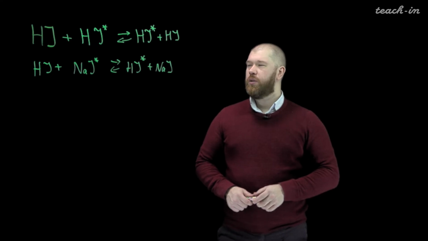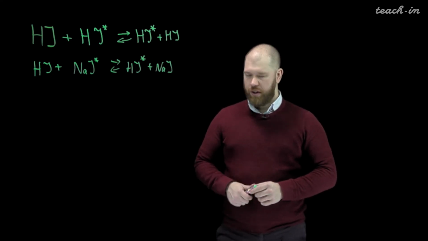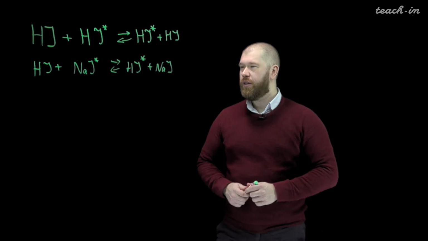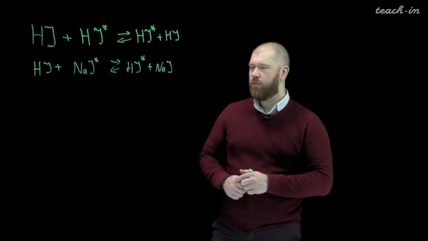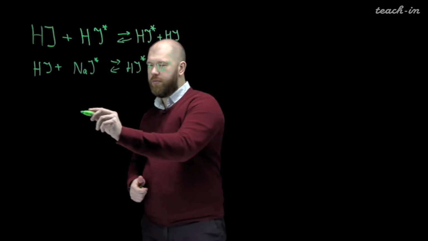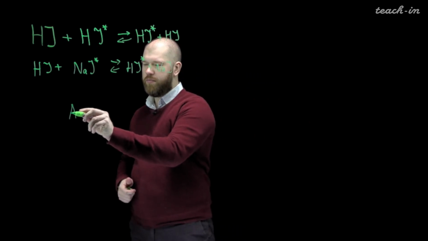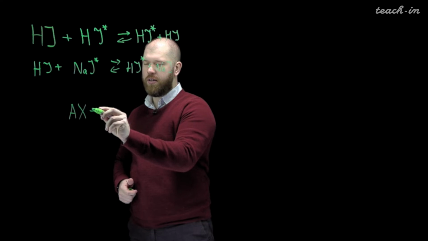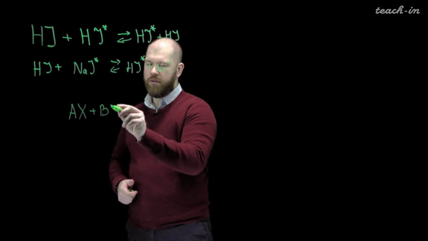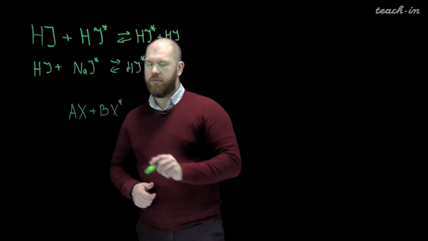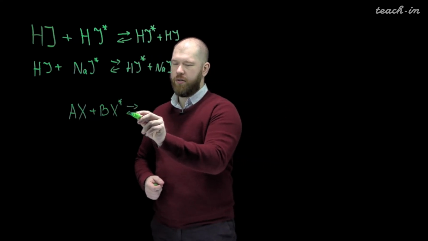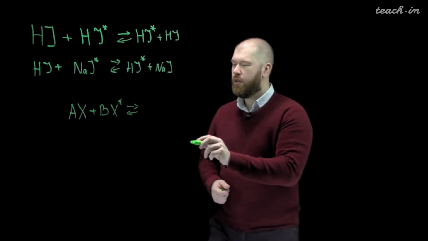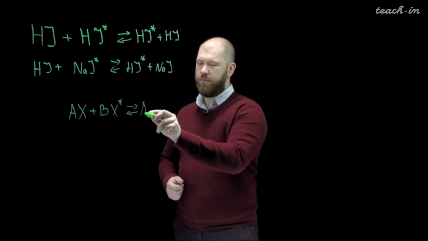So when we have this equilibrium, we can write them in a more common way. For example, like this, we have compound AX and labeled compound BX, and there is an isotopic exchange between these two compounds.